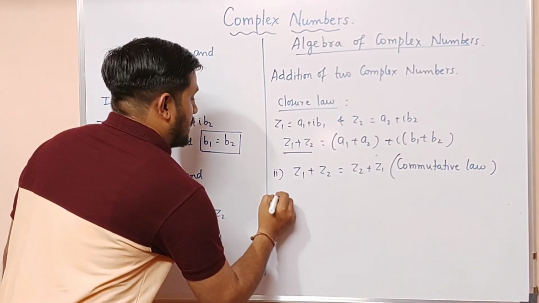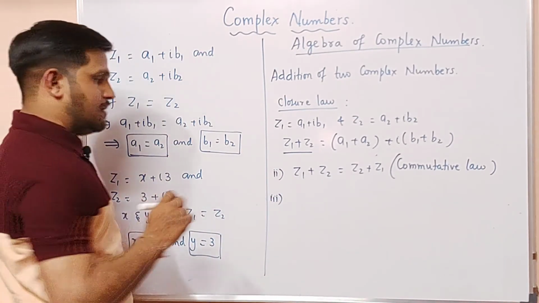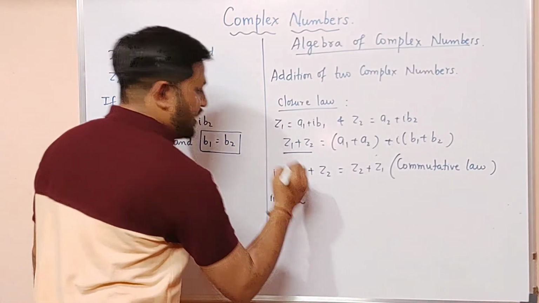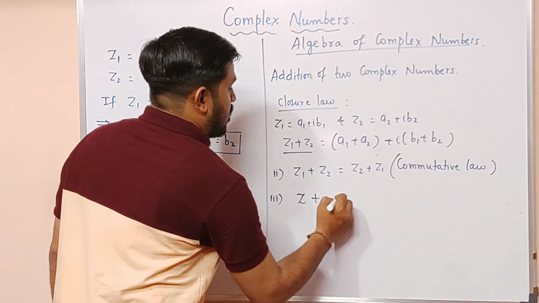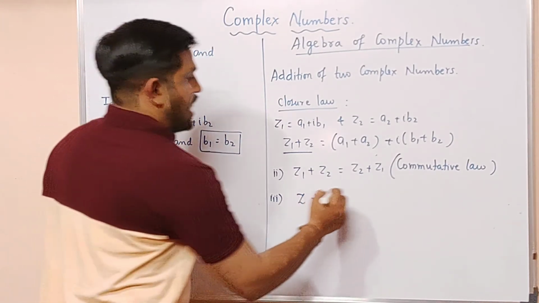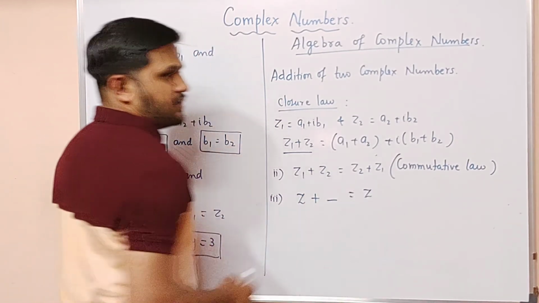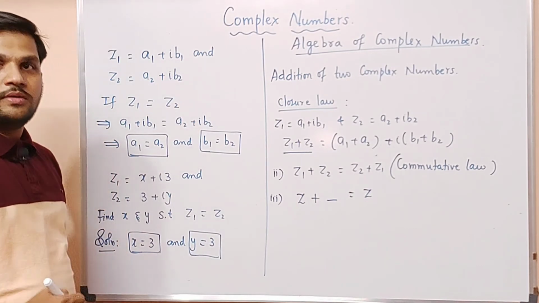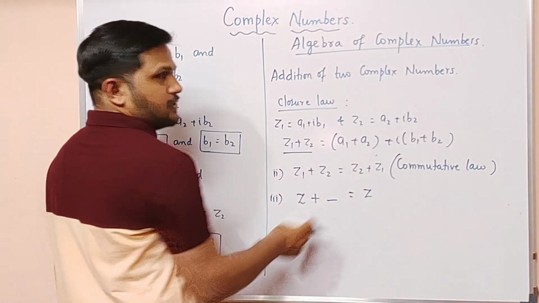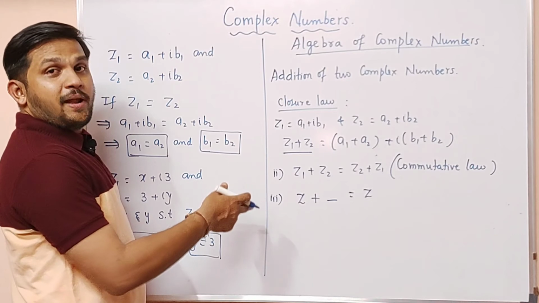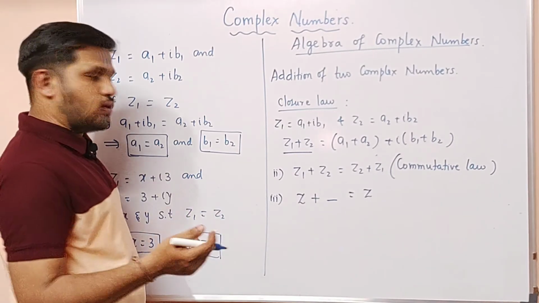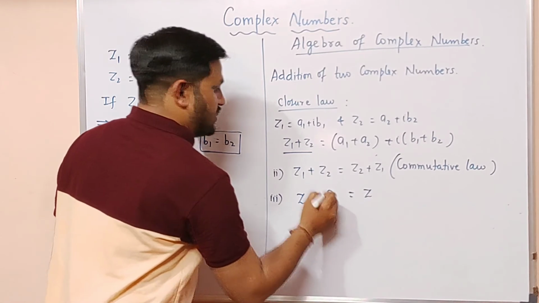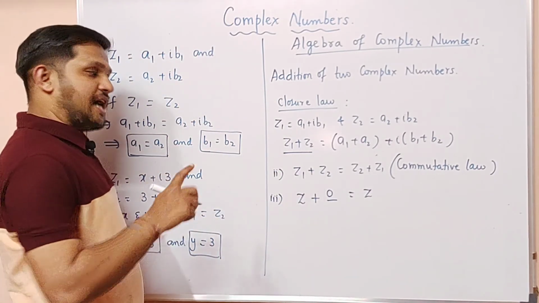Let us look at the third property. For a given complex number z, if I add a complex number to it, I should get the same complex number z. So what should this complex number be? It has to be 0, which we can represent as 0 plus i into 0.